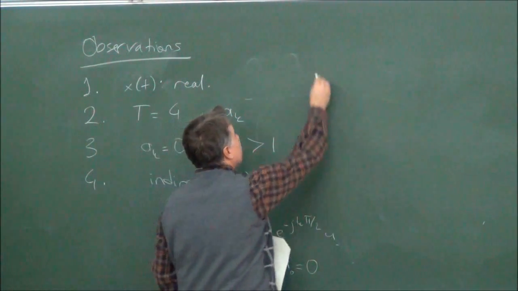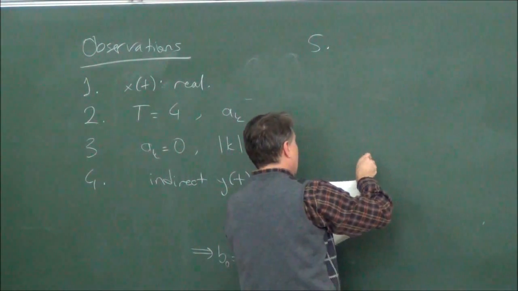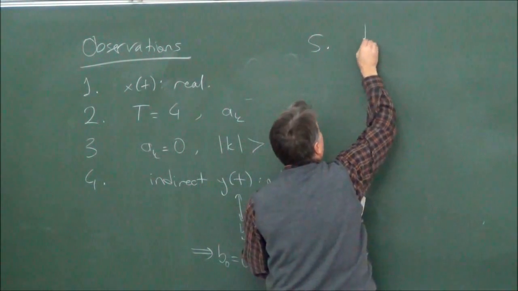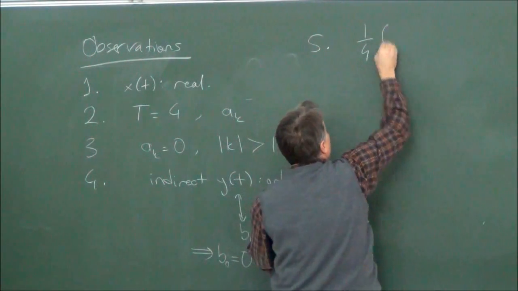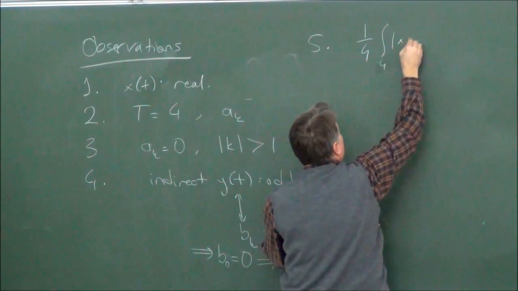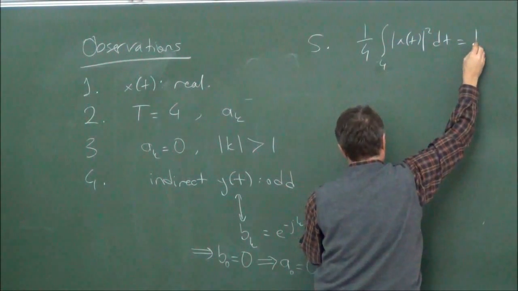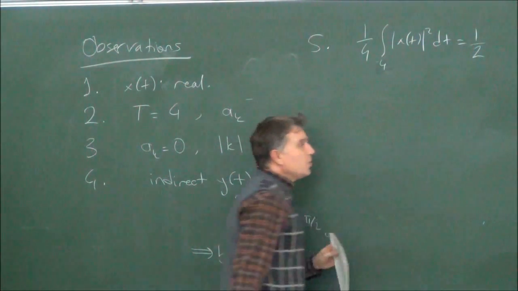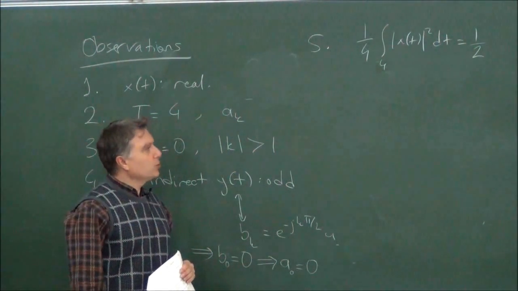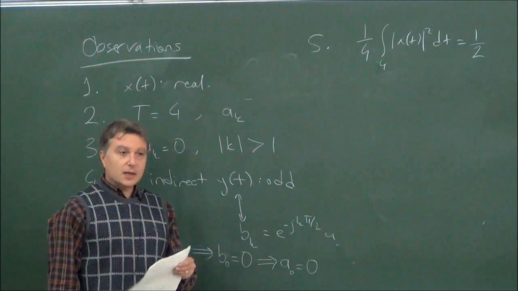The fifth and the last observation is the energy. This is equal to 1 over 2. So the power of the signal is 1 over 2. That is the power of the signal in time domain.